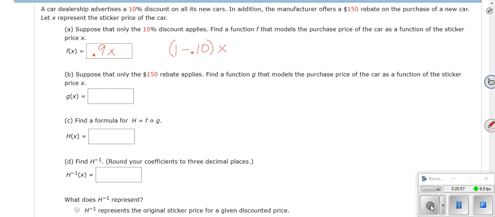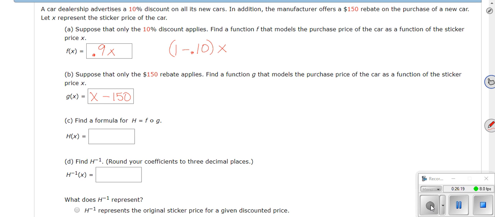So part B, suppose that only the $150 rebate applies. Well, that just means you're taking the sticker price and then just literally subtracting $150. That's it. Now the next one, find the formula for H, which is f of G. Now we're doing composition of functions, which we did in a previous section.